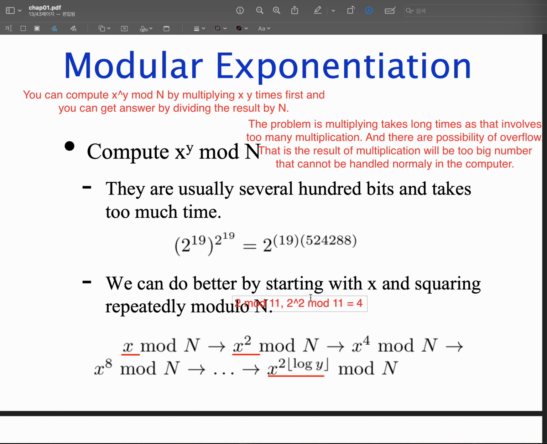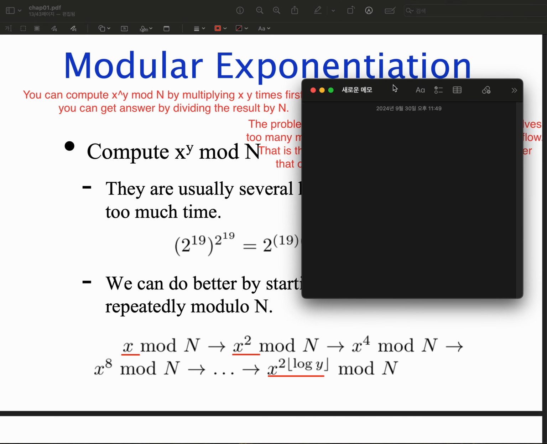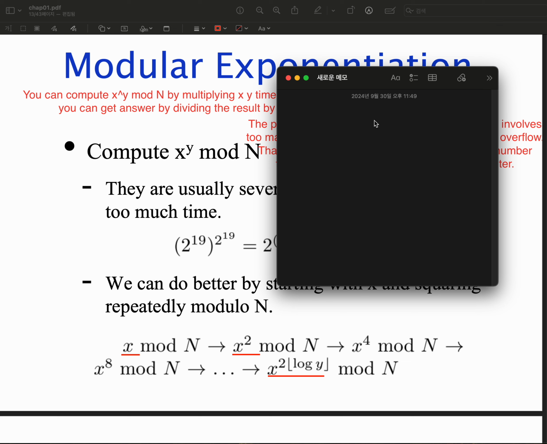I'm sorry, it's too long, so I have to use some memo here. So this method is like this.